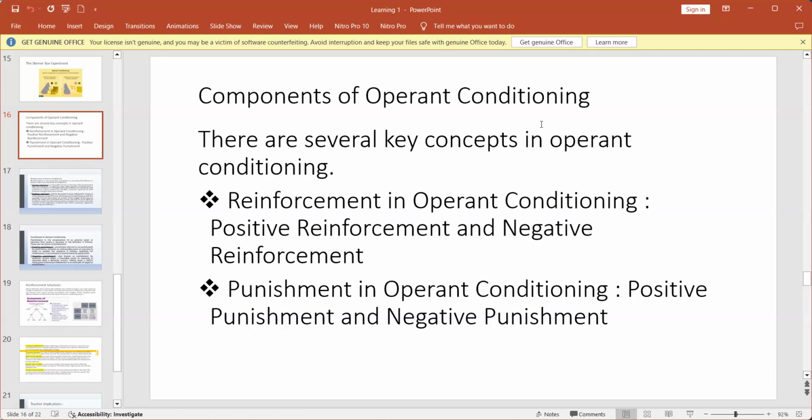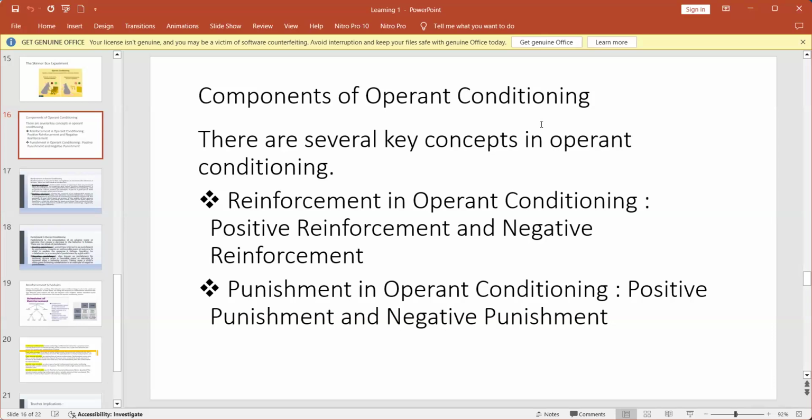Negative punishments are also used with bad behaviors or bad learning to be weakened. But if it is negative, you have to remove something from the child. So as a punishment, if you are removing something from the child, it has to be something that the child likes. Okay? Right.